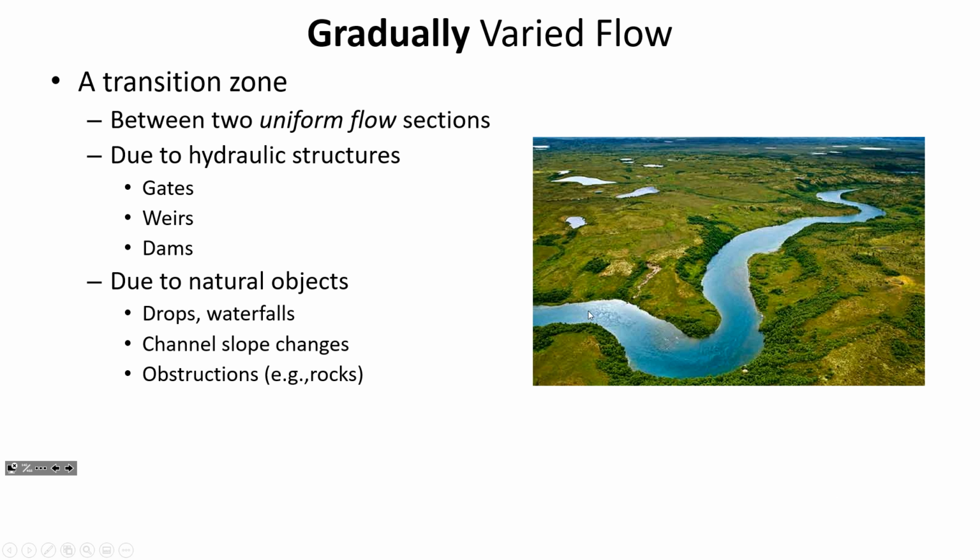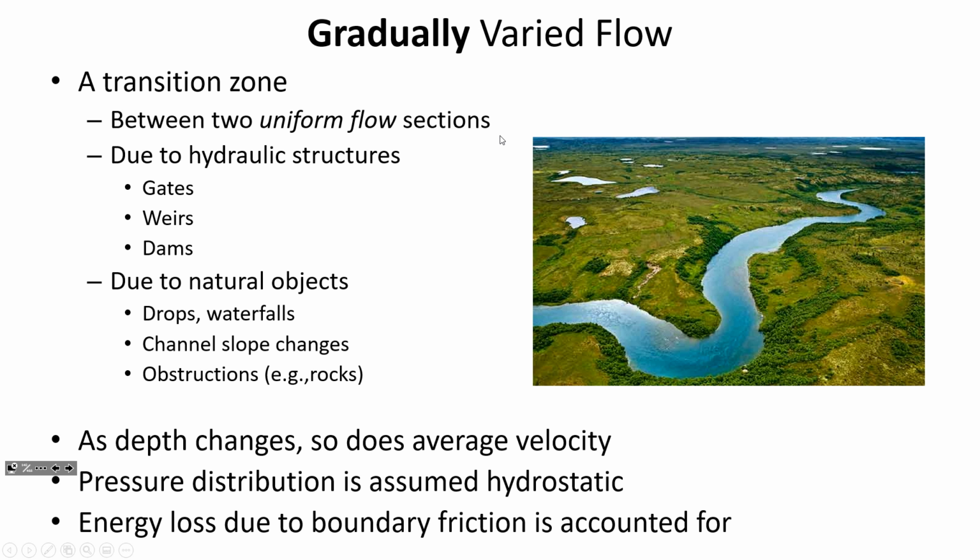So if you think about a stream that's meandering, that is just experiencing the natural variations in slope that occur because of topography and soil strength and erosion, or the placement of rocks and obstructions in channels can sometimes cause gradual variations in flow. And as the width of a channel changes or the slope of the channel changes, there are changes in velocity. And because there are changes in velocity, the velocity head will be changing as well.